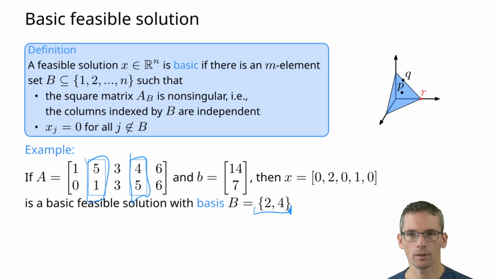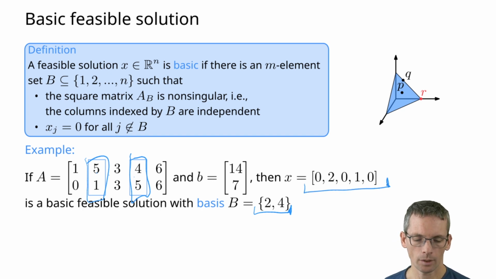And if I look at a possible solution x, for Ax = b, I get the solution x being (0, 2, 0, 1, 0) by setting the other coordinates to 0 and then solving the rest. And because this is non-singular, I get a solution, and in this case I get positive values.